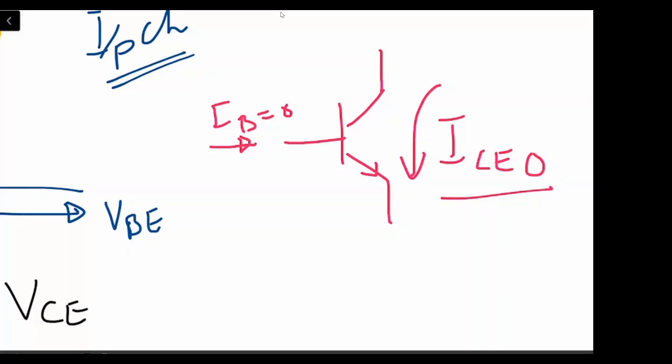So if you remember last time in the common base configuration, we came up with the equation IC is equal to alpha times IE plus ICBO.